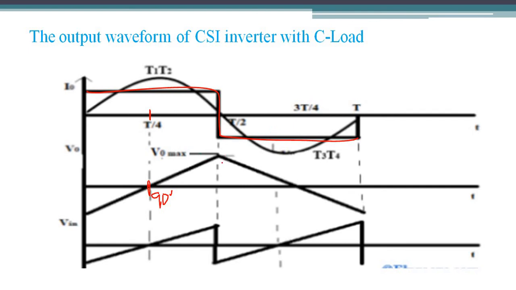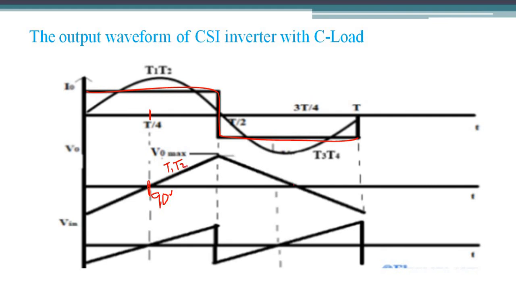And for T2 and T3 operation, so T1 and T2 conduction period it is, and for the T3 and T4 conduction period, again this is exactly 90 degrees, the voltage lags I by 90 degrees. Okay. So the conduction period is T1 and T2.